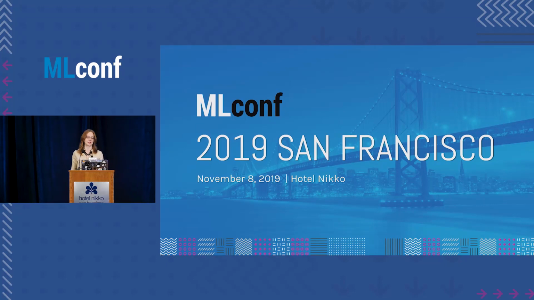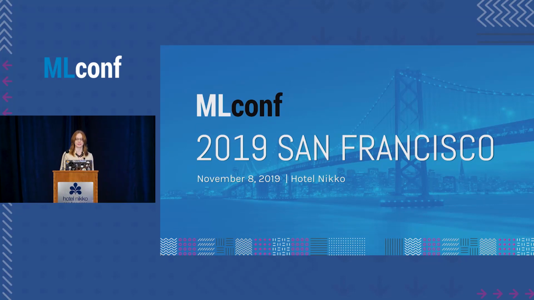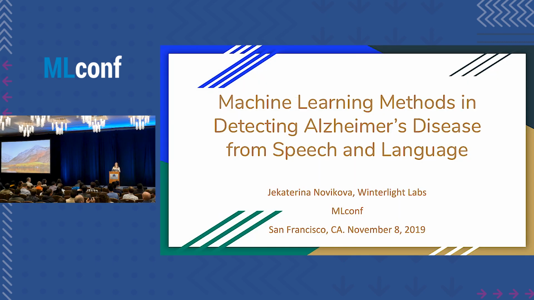Today I'm going to speak about machine learning methods in detecting Alzheimer's disease from speech and language. And first of all, I want to tell what is Alzheimer's disease, although I'm sure a lot of you know what it is.